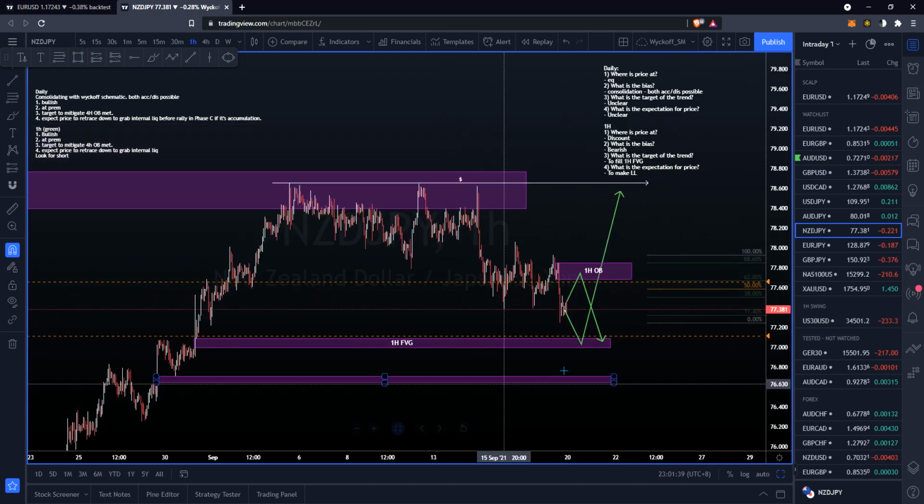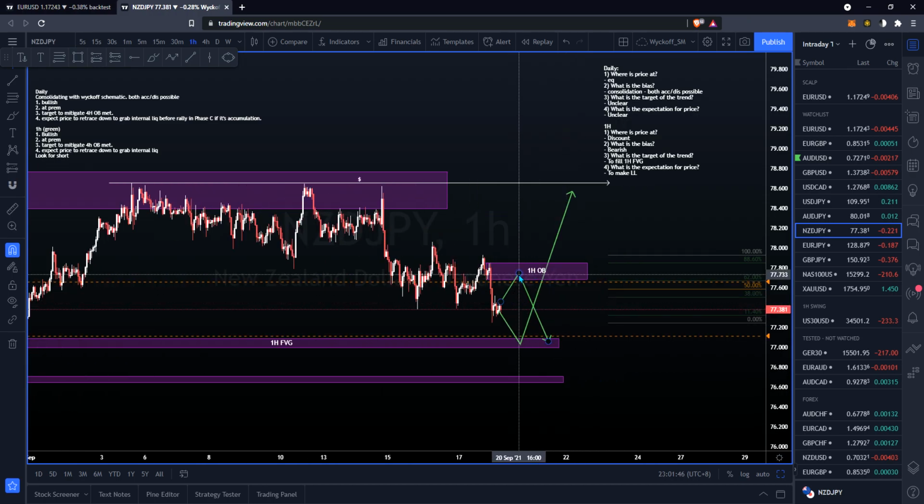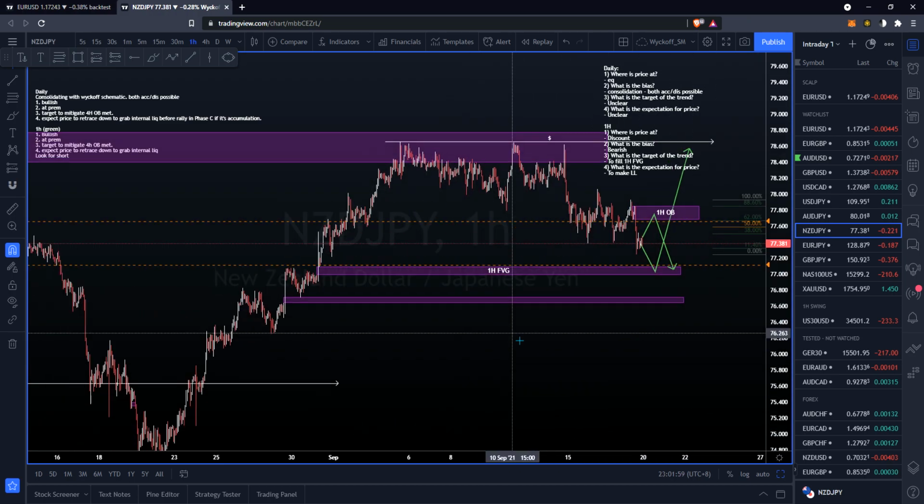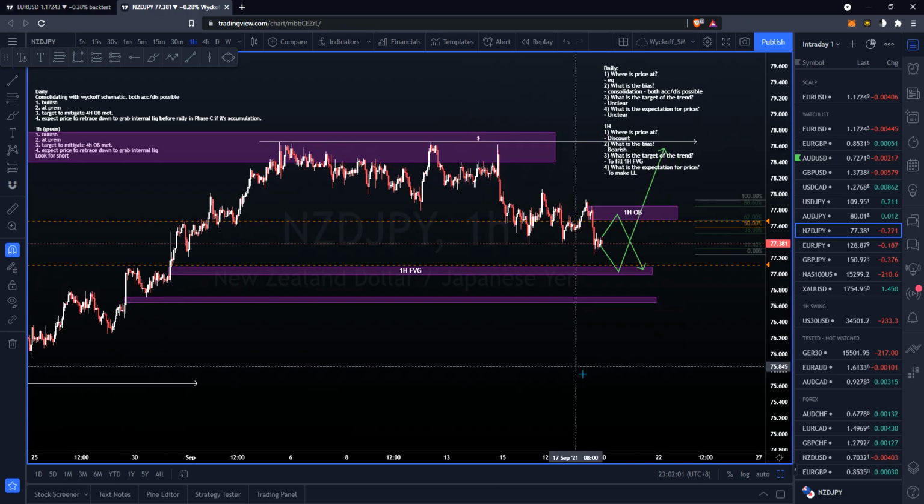Or if price actually rallies during open, I will look for a short over here and short into this fair value gap. So either of these two fair value gaps, I'll be looking for longs.